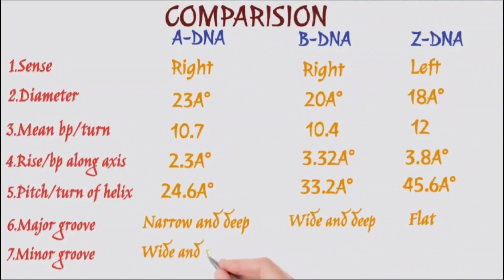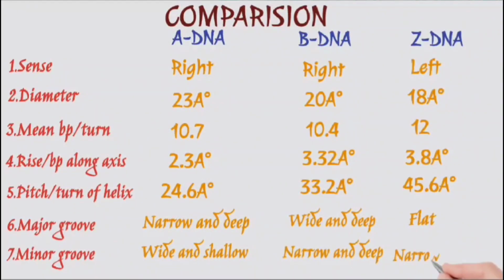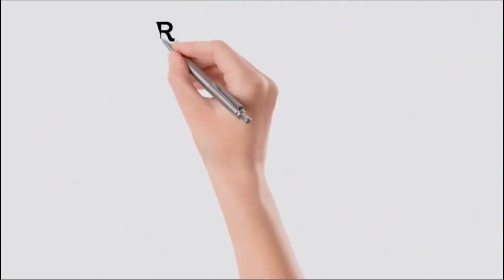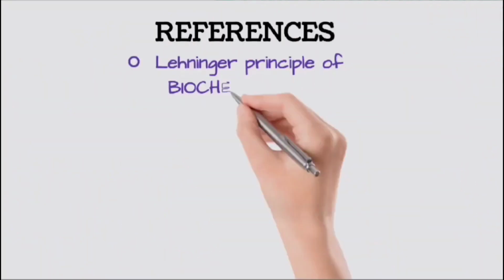And the minor groove you can see wide and shallow in case of A DNA and narrow and deep in B and Z DNA. So this is the comparison, and if there is any confusion in the character like the pitch for helix, axial rise or rise per helix, diameter, then you can refer the diagram in previous slide and can compare the value of different DNA in that picture.